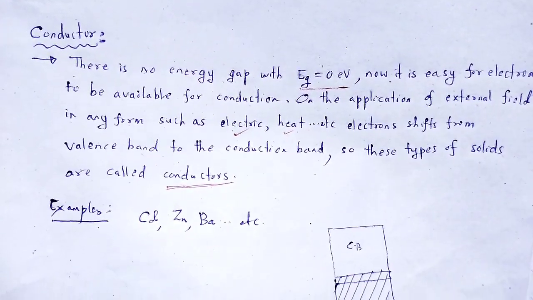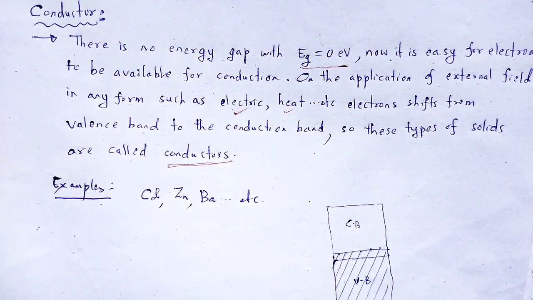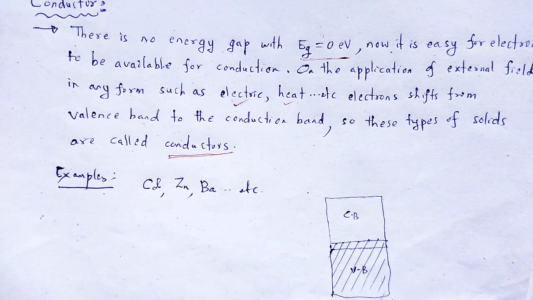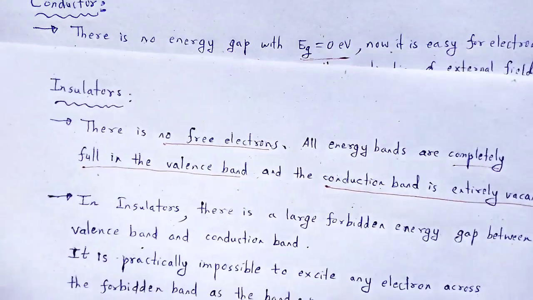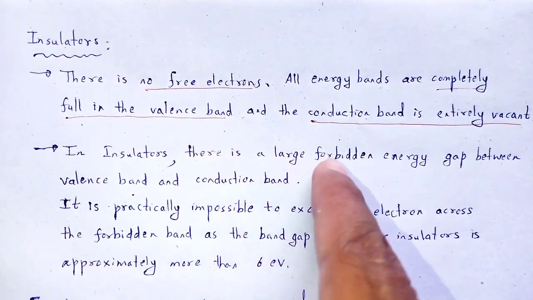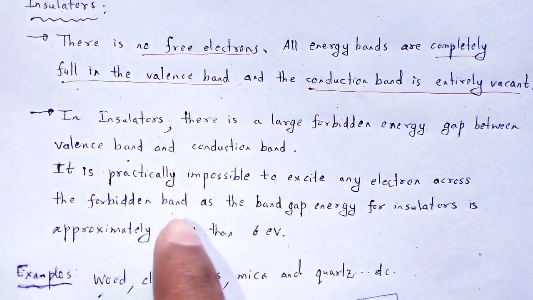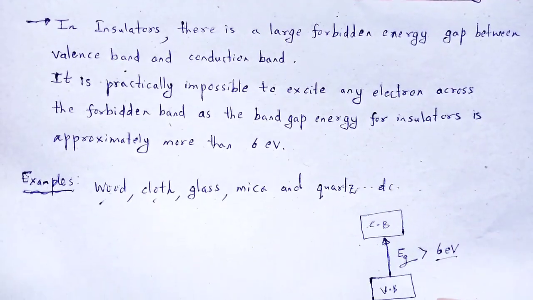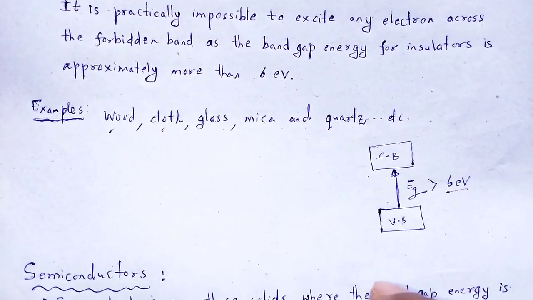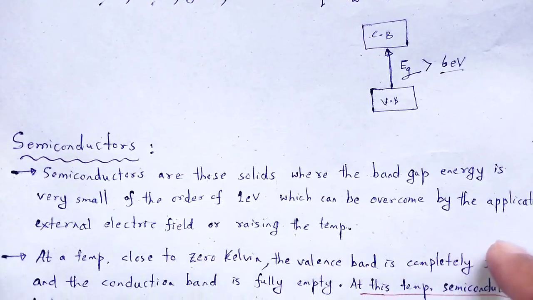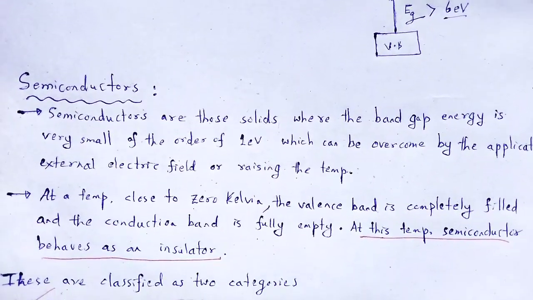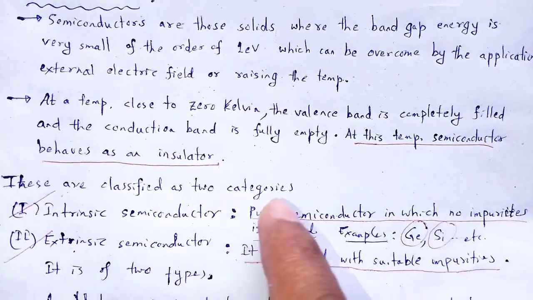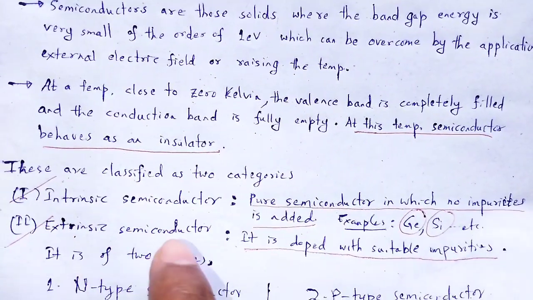Examples of conductors, we show in terms of valency band and conduction band. Insulators, examples of insulators. Next, semiconductor, properties of semiconductor, classification of semiconductor as intrinsic and extrinsic.